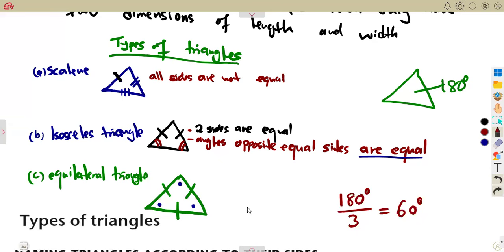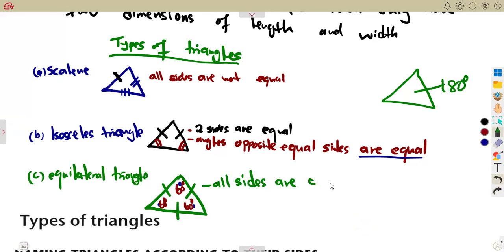So meaning to say each angle is going to be 60 degrees, 60 degrees, 60 degrees. So whenever we see a triangle which has got 60, 60, 60, all the 3 angles, that's an equilateral triangle. So we are talking of all the sides being equal.